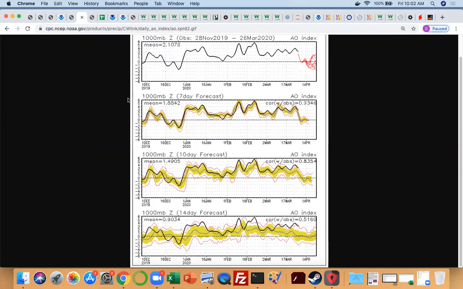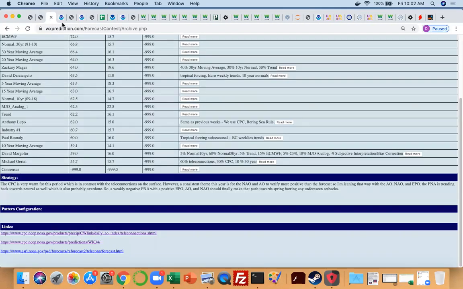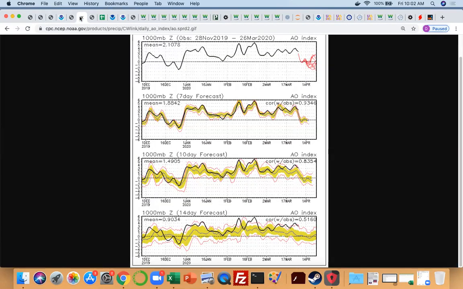I think it's the same way with the NAO, forecast to be pretty strongly negative. I think strongest negative since, just check real quick. Yeah, the strongest negative going back, I guess, since November.